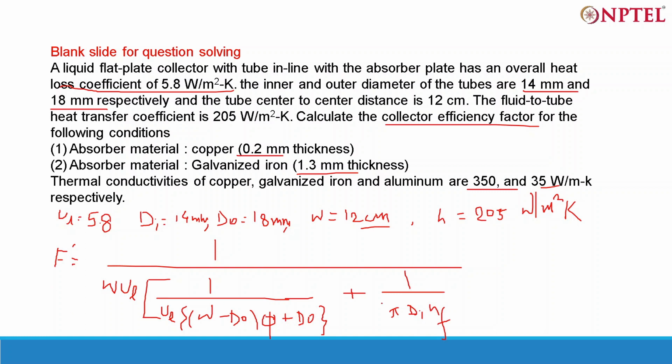So every value you know: W you know, U_L you know, d_o you know, d_i you know, h_f you know. h_f is this. Only thing which you don't know is this phi.